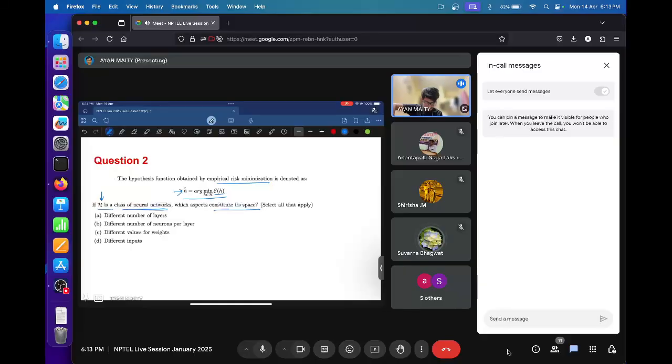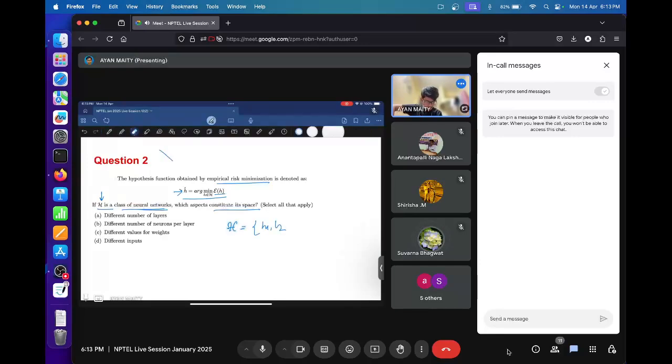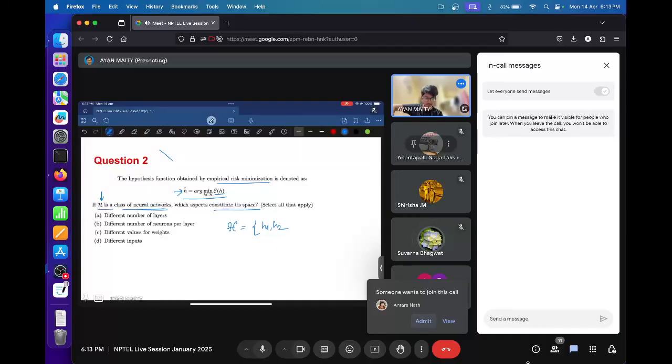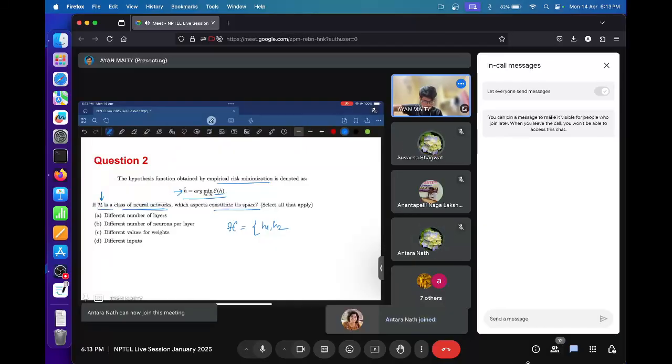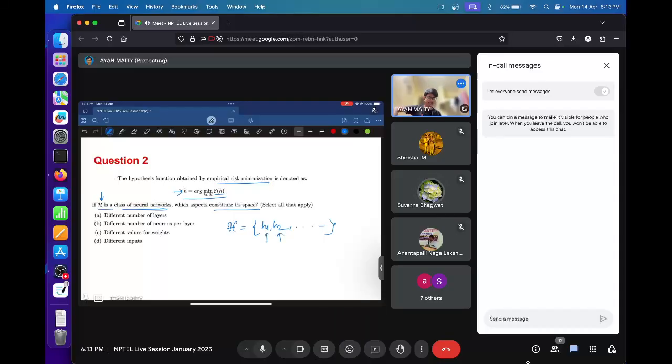So if H is the class of neural network hypotheses, then it would contain an infinite number of hypothesis functions. So H1, H2, each of these hypothesis functions is a neural network with different values for their weights.